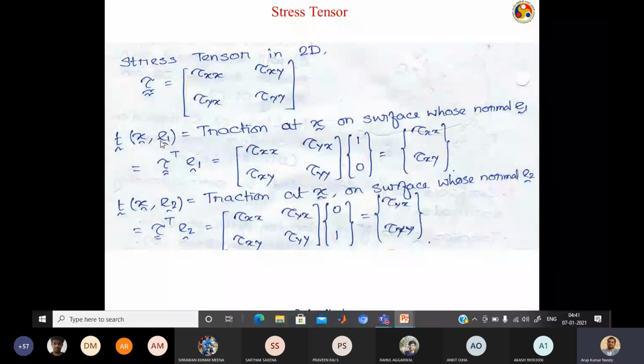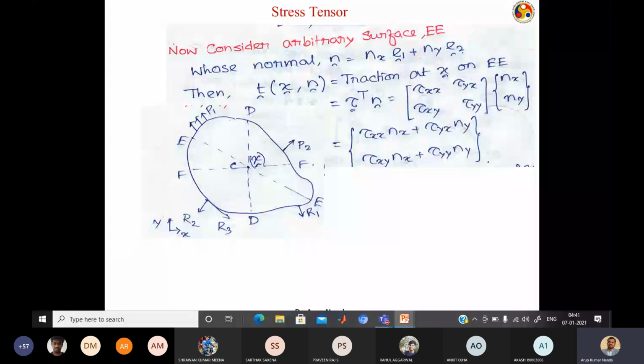Now, these are specific planes whose normal is in either the x direction or the y direction. Now, for any arbitrary surface, for example EE, whose normal is in any arbitrary direction.